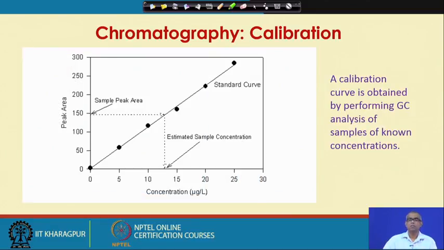The next step is to obtain a calibration curve. To obtain the calibration curve, you have to perform gas chromatographic analysis of samples of known concentration. So, the first thing is to know the retention time. The second thing is to perform calibration experiments on samples with known concentration.